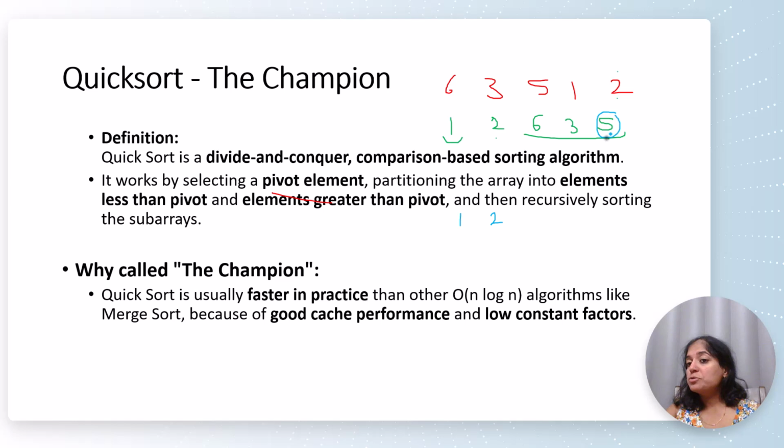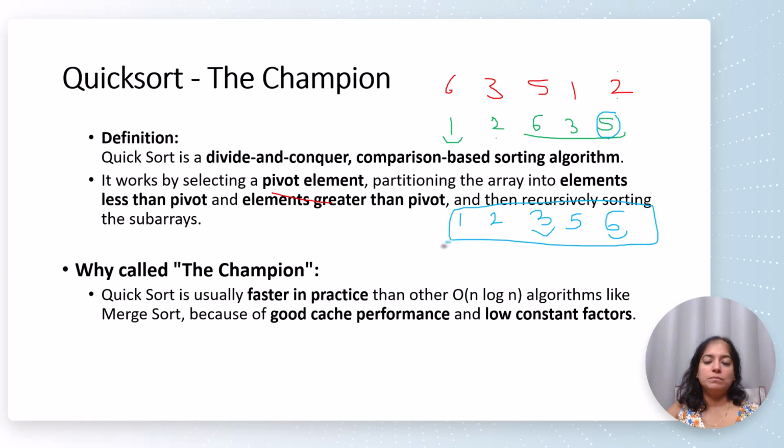In this subarray, we need to partition such that all the elements which are less than the pivot are towards the left of 5 and the elements which are greater than 5 are on the right hand side. Now there are again two subarrays, 3 and 6. Since both of these have a size of 1, the array is sorted.